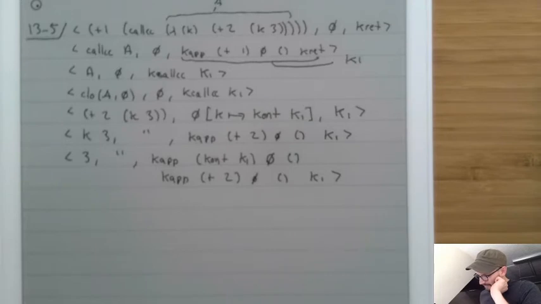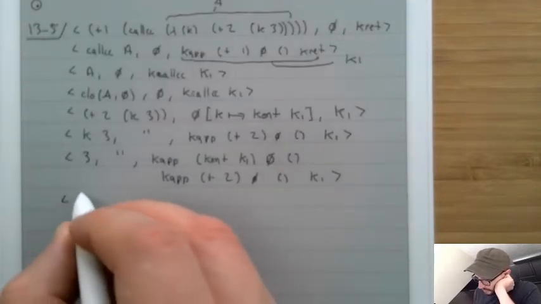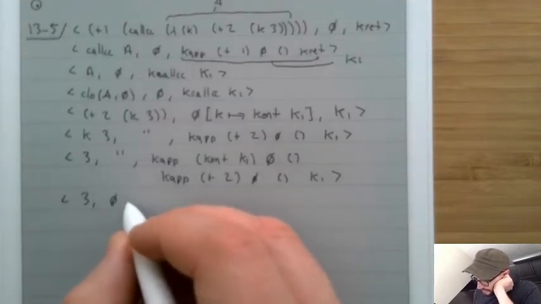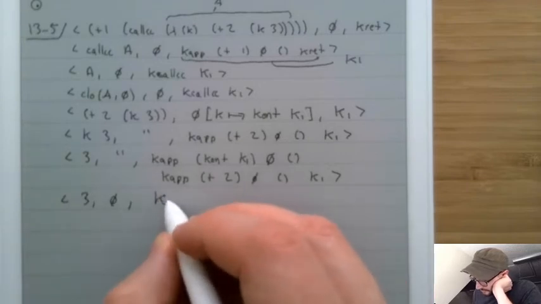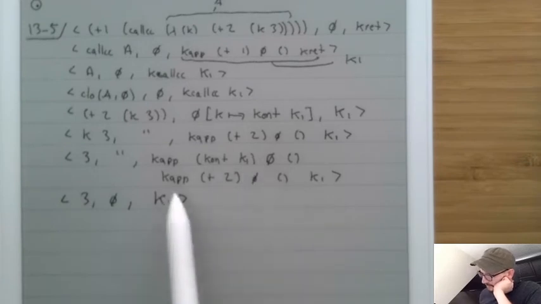So what happens in the rule? Look back. This is the rule. We see that k there, and that means we're going to go to it. So that 3 is going to go to k1. So we're going to throw away this app continuation and that app continuation and just go to k1.